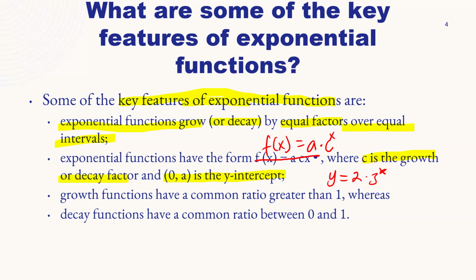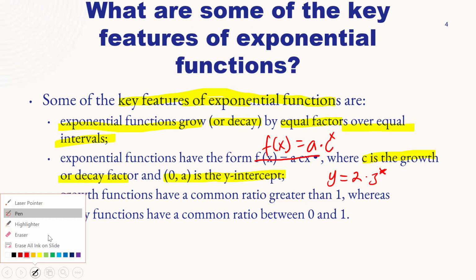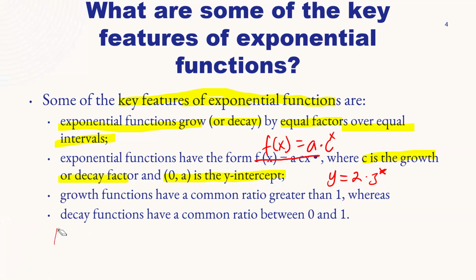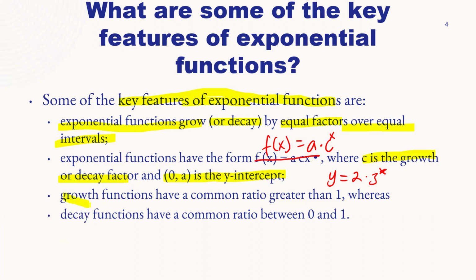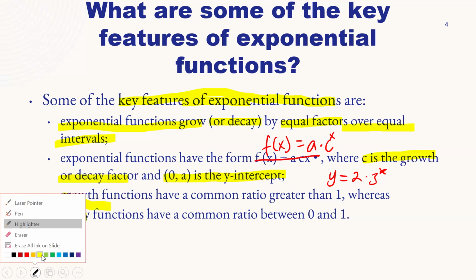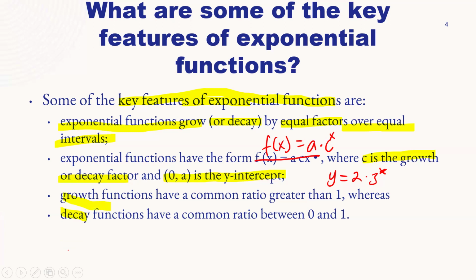Now, when we are determining it logically, y'all did a fairly good job with the growth factor, but mathematically, what you're looking for is whether you have a growth or a decay, and it's based off of your C value. It's a growth if your common ratio is greater than 1, meaning I'm a growth if C is greater than 1.